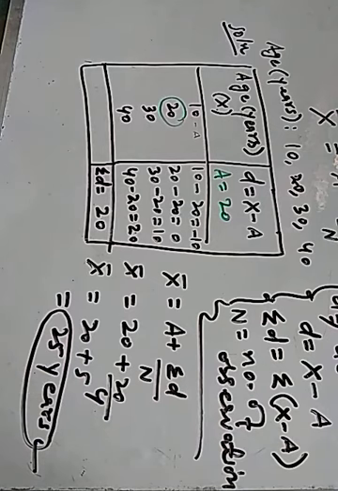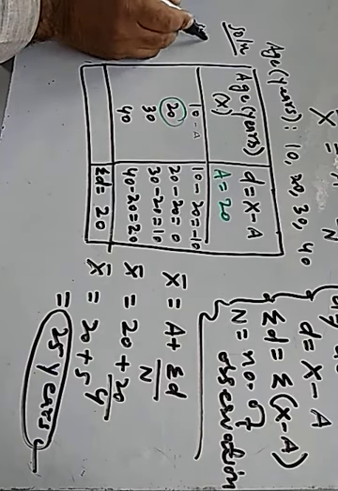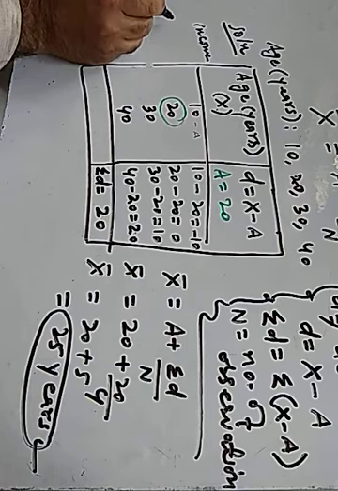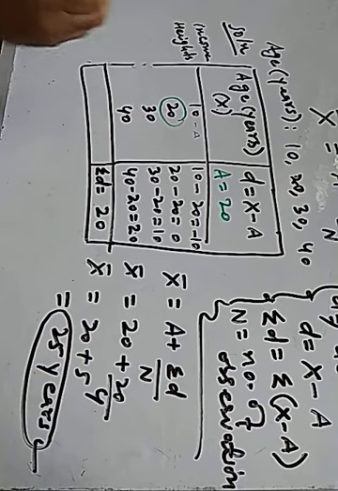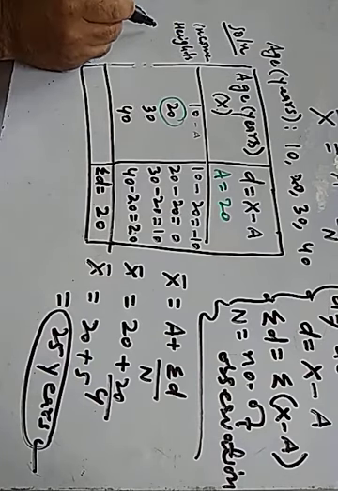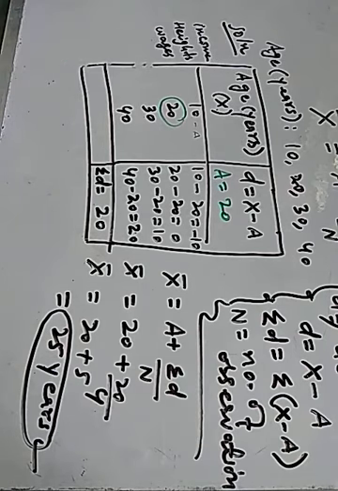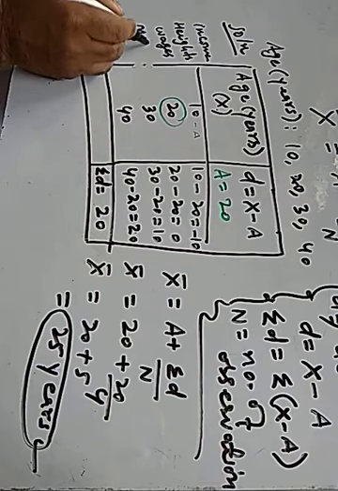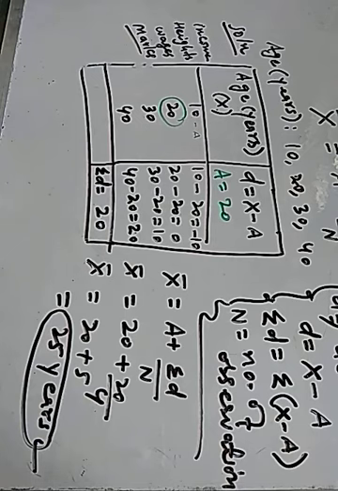Or you can take different variables such as income, height of persons, wages of workers, profits of companies, price of commodities, population of different states, and you can calculate different values using this direct and shortcut method of simple arithmetic mean in case of individual series.